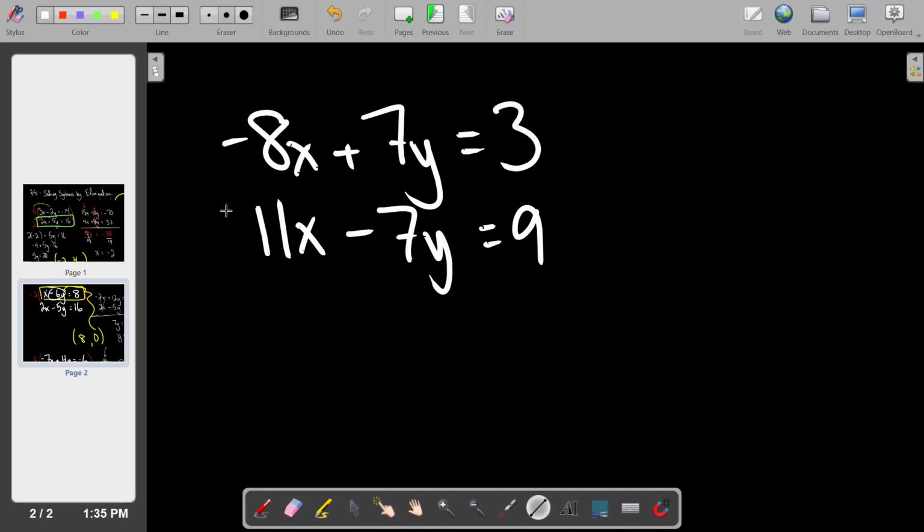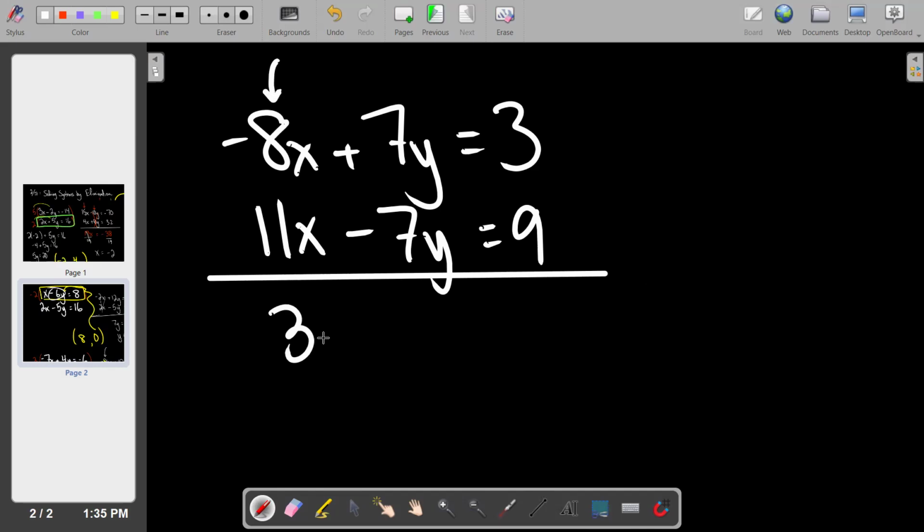So I'm just ready to go right in and add these together. When we add straight downwards, how many x's do we get? I get 3 of those. Our y's eliminate. Equals what's 3 plus 9? 12. Divide by 3. Within like 5 seconds, we know that x is 4. Crazy. And where do we put the 4?